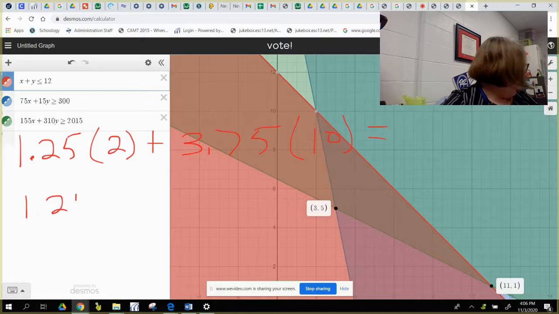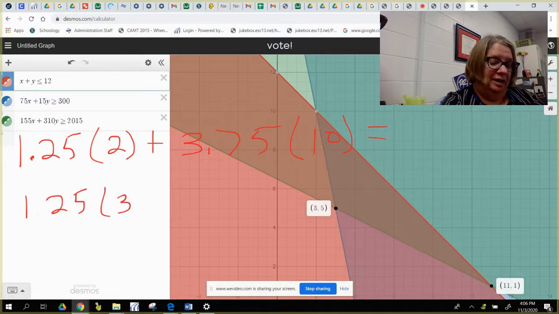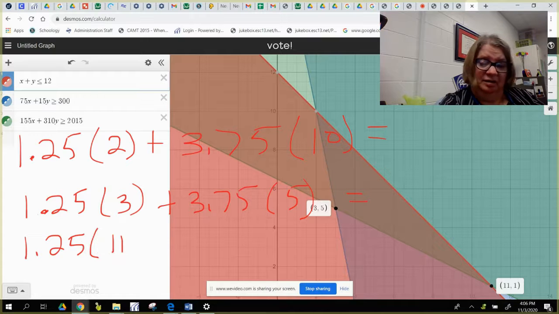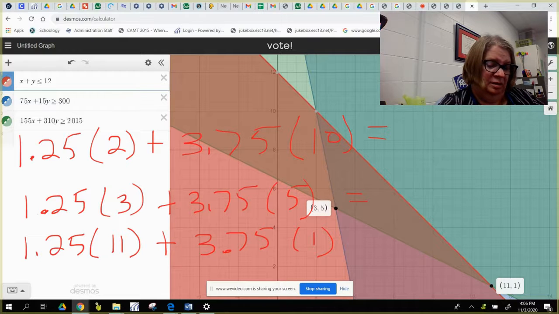Then we had a 3 and a 5, so 3 power bars, 5 mini meals. And then that bottom one was 11 and 1. So we had 11 power bars and 1 mini meal.